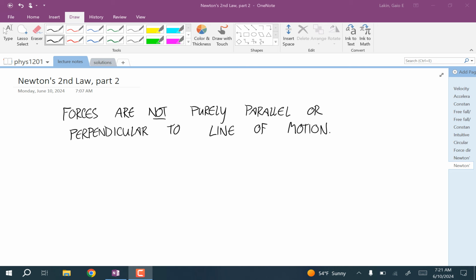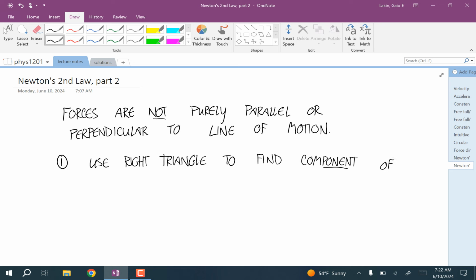And then we're going to use cues to figure out the sign of those components. So first, we're going to use right triangles to find the component of the force that's along the line of motion.